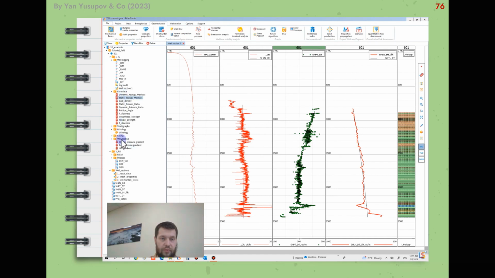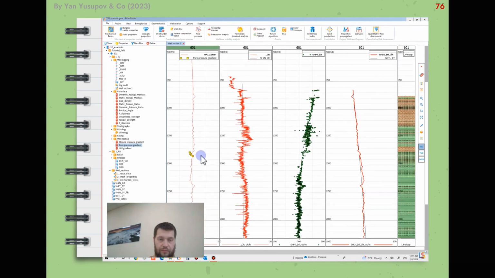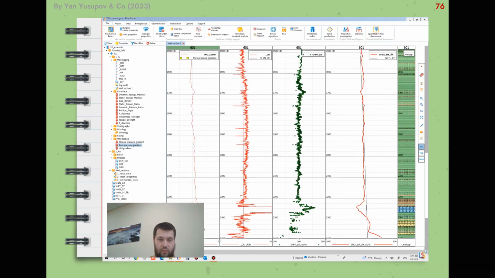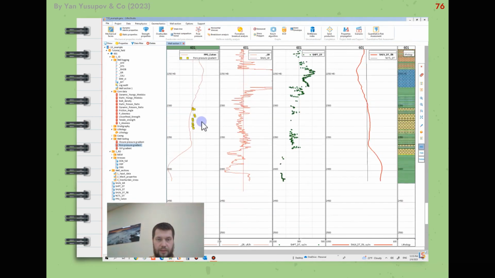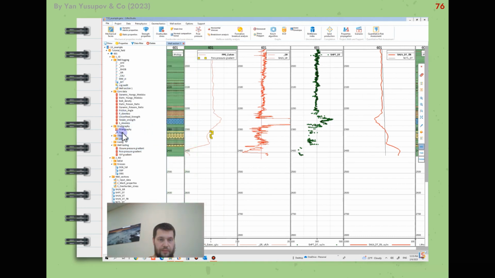This is from the well testing folder, pore pressure gradient, and let's look at what we have already got. Okay, one moment please. Don't forget to use your lithology column and stratigraphy.